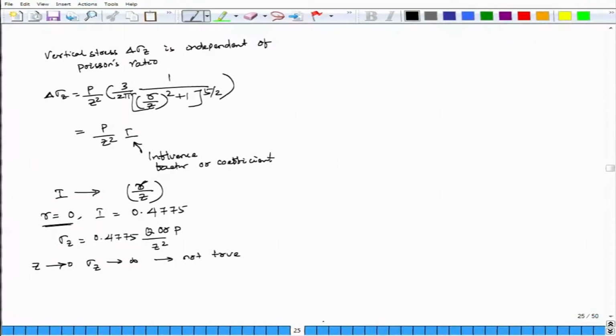Vertical stress distribution diagrams. First one is your vertical stress isobar diagrams.